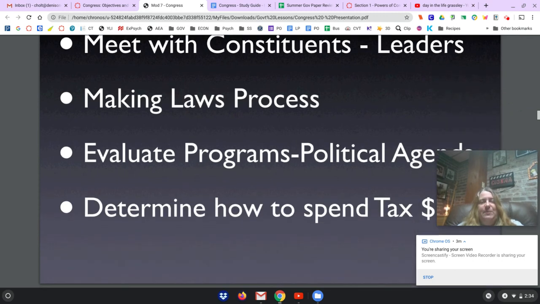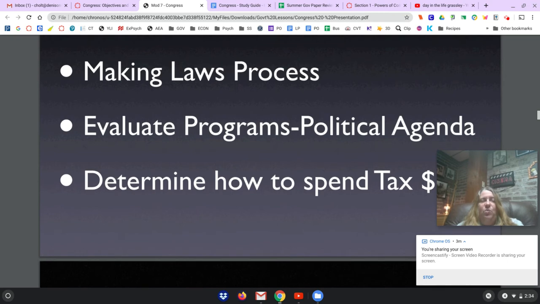Another role you need to understand is that Senator Grassley always has to evaluate programs. They do that in committee meetings. They do that by reading reports and making sure as they look at those programs, evaluating the political agenda, what's best for our country, who's pushing this, which interest groups, meeting with those interest groups and the lobbyists.